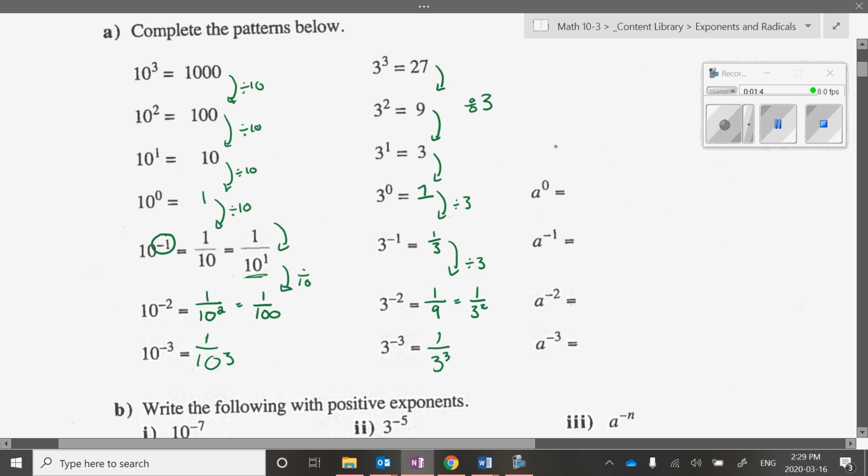So to make our general rule, so this would be an investigation if we could, a to the power of 0 is equal to 1. A to the power of negative 1 is then 1 over a to the power of 1. 1 over a squared and 1 over a cubed.